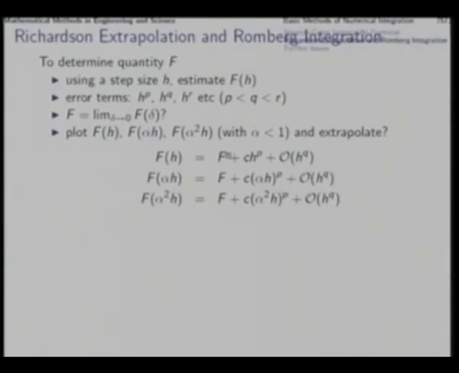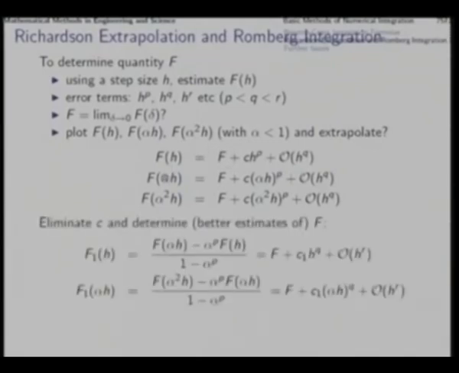Now, if you take the two upper equations from here and multiply the upper one with alpha to the power p and subtract, then this unknown c will get cancelled, and you will get 1 minus alpha to the power p into f. From there, in between these two, we will get a better estimate.